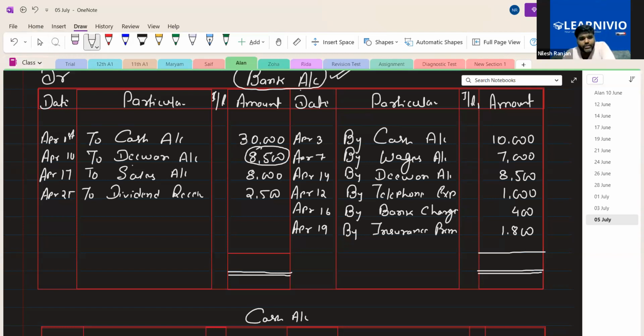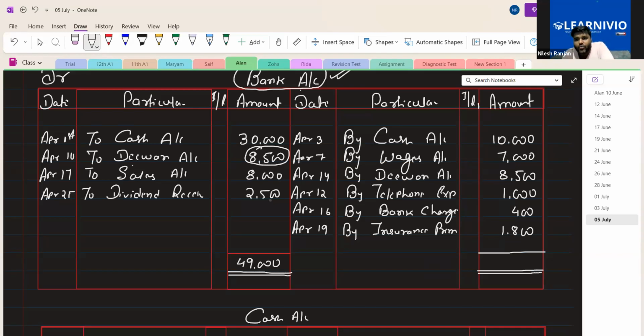Okay, on the debit side, you can see 30,000, 38, 46, 48, 49,000. So the amount is higher, 49,000. Debit side total is 49,000.